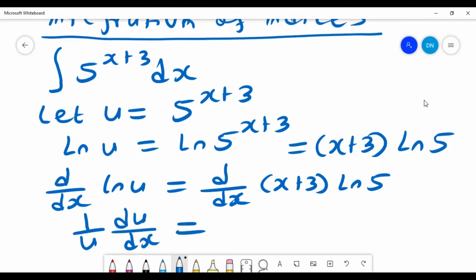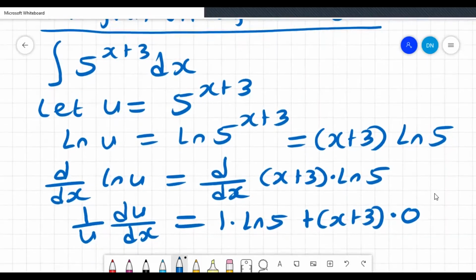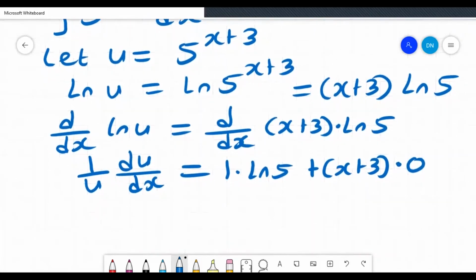Now, I'll use the product rule to differentiate these two parts here. If I differentiate x plus 3 with respect to x, I'll get 1 times ln of 5. Then plus, I keep x plus 3 constant. I differentiate ln of 5 with respect to x and I get 0 because ln of 5 is a number. If you go to your calculator and punch in ln of 5, it will give you a number.